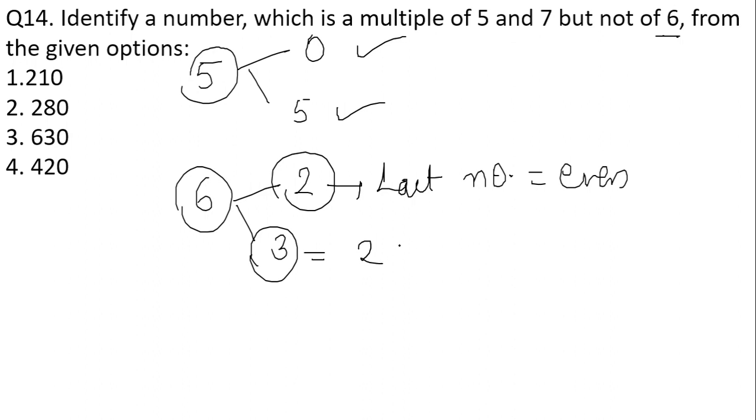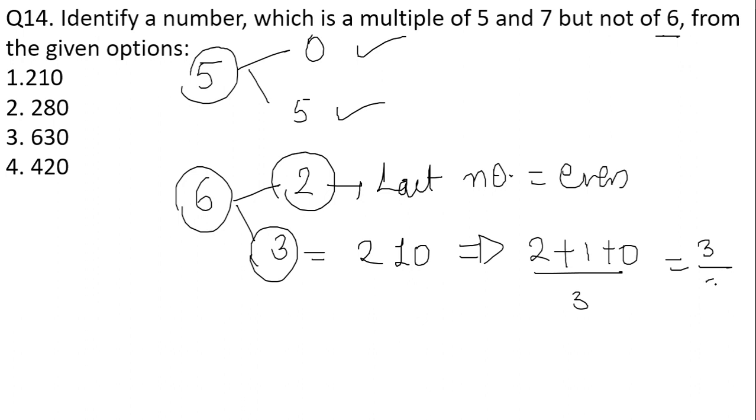For example, I am taking 210. If I take the summation, 2 plus 1 plus 0, that is 3, and 3 divided by 3 is clear, hence this number is divisible by 3. So for any given number, when we take the summation of its digits and it is divisible by 3, we say that the number is divisible by 3.